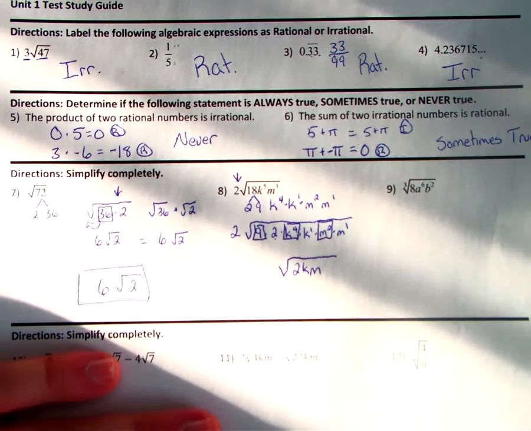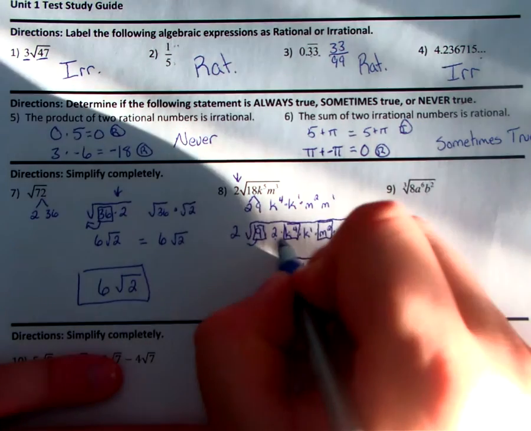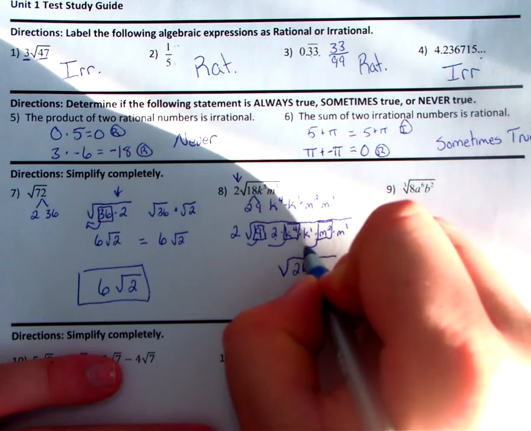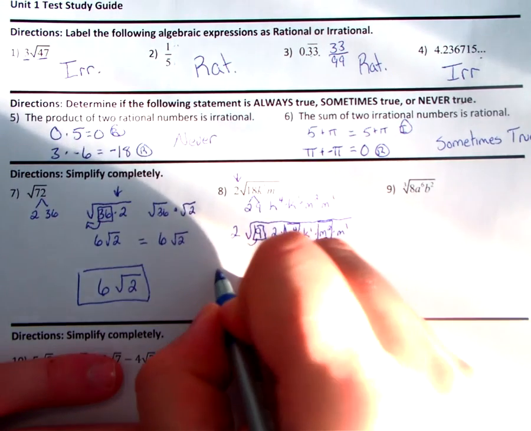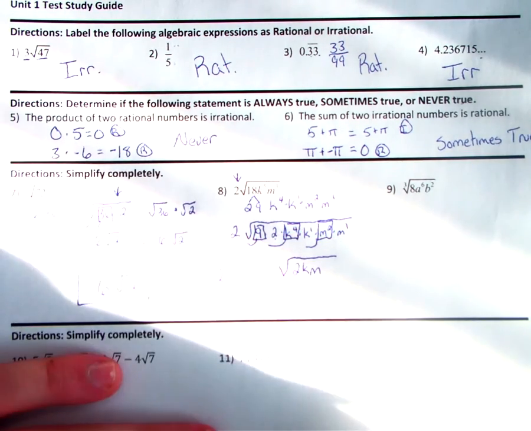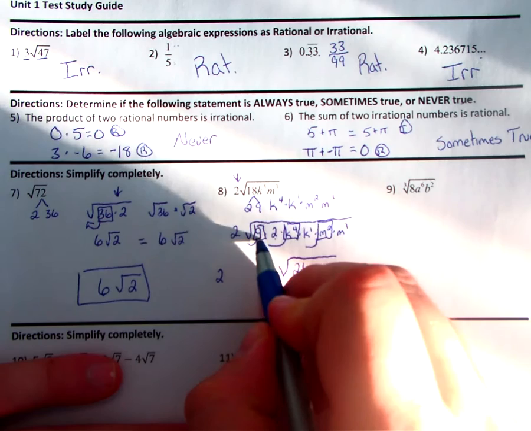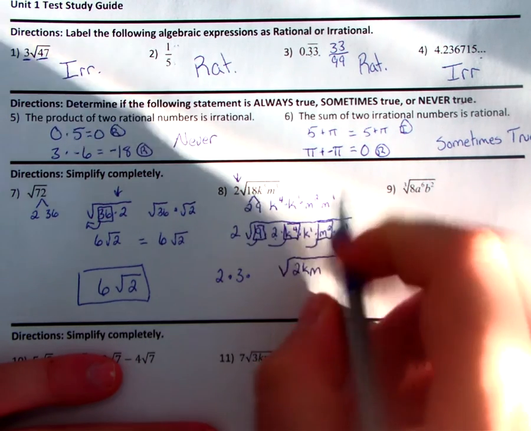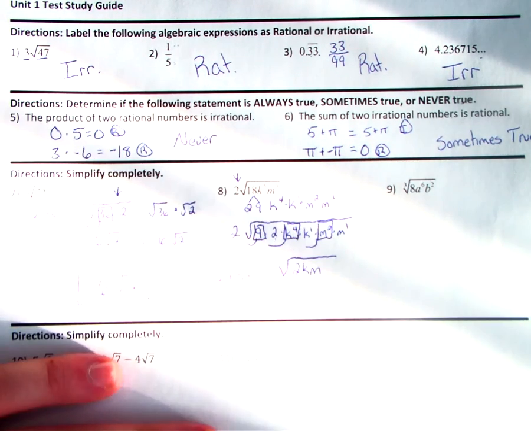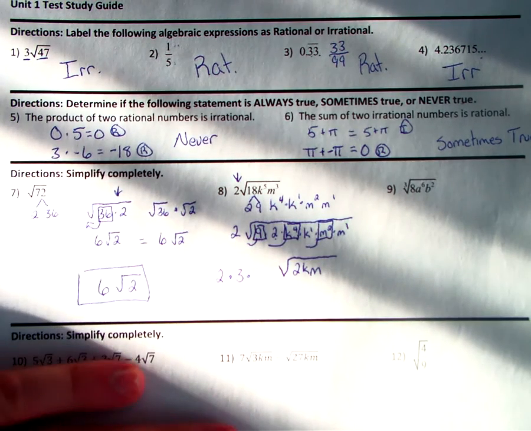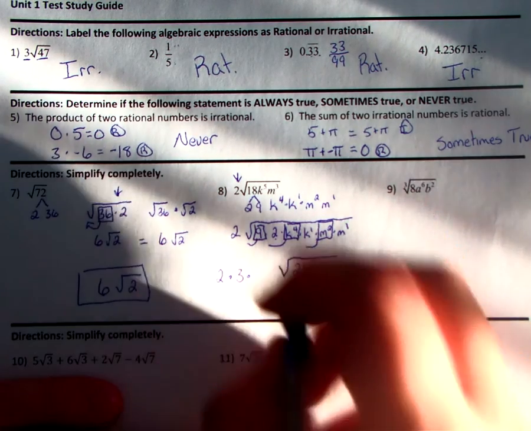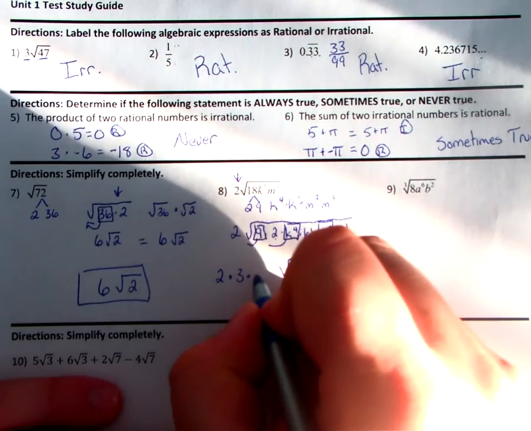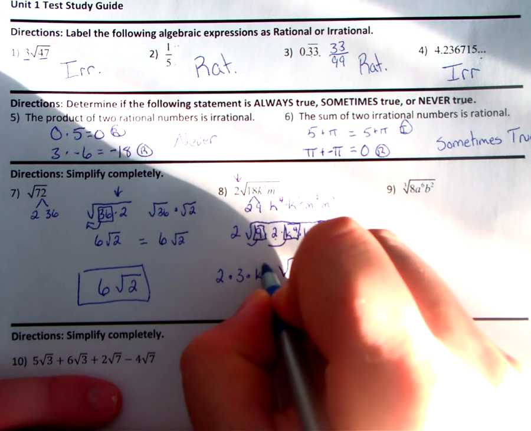And we need to pull our items outside of the radical. So we had a 2 outside. I'm going to bring that down. We're going to multiply by the square root of 9, which is 3. We're going to multiply that by the square root of k to the 4th, so we're pulling out half of the k's because that would be the correct number of pairs. So k squared.